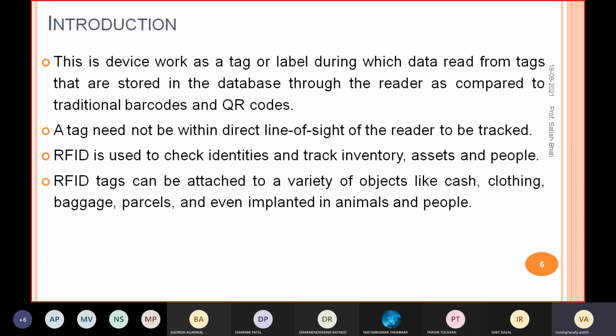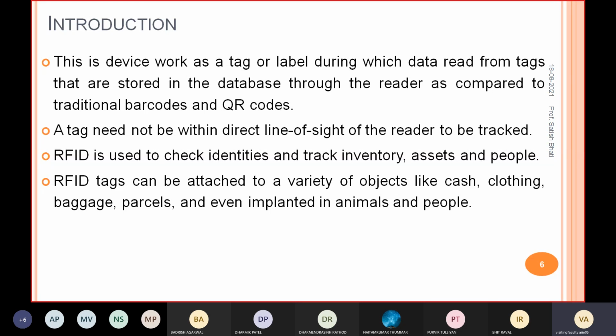You can install an RFID tag on an animal, or even on people, so you can easily track them. RFID tags can be attached to a variety of objects like cash, clothes, bags, parcels, and even implanted, as I told, on animals and people, right? So you can paste the tag on any object which you want to track.